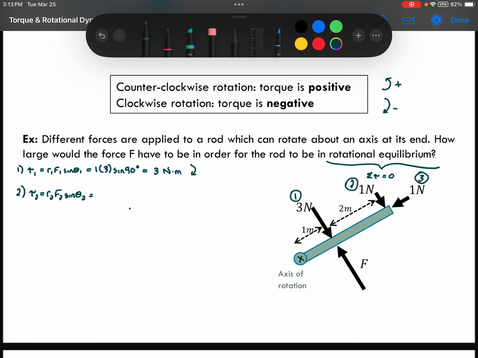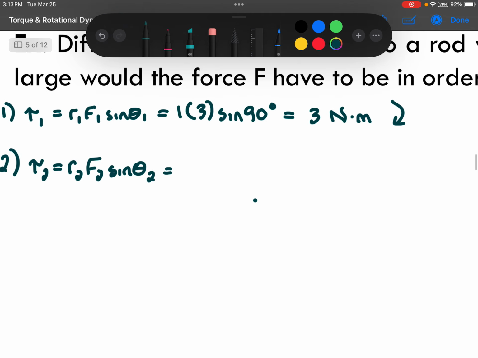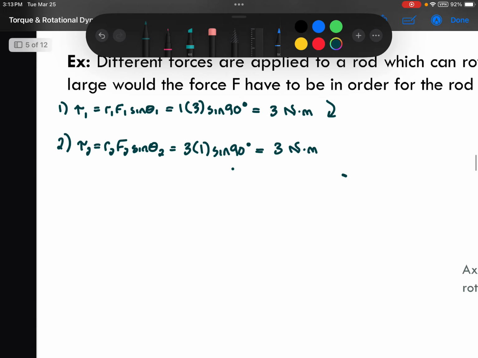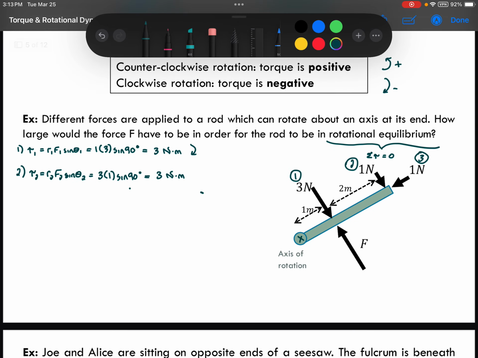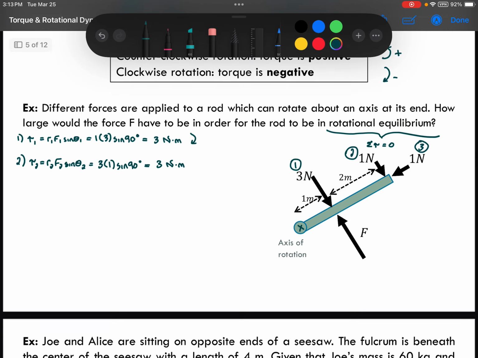And again, this is another perpendicular case. So we have 3 times 1 times sine 90, which will also be 3 Newton meters. And then looking at the direction, this also would cause our rod to rotate clockwise.